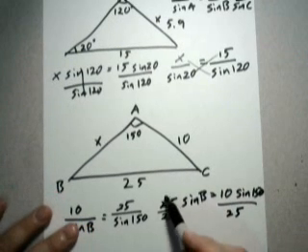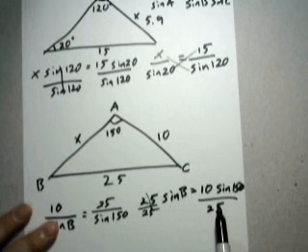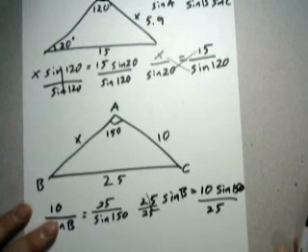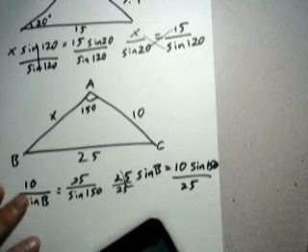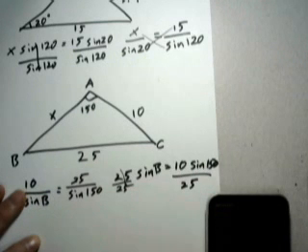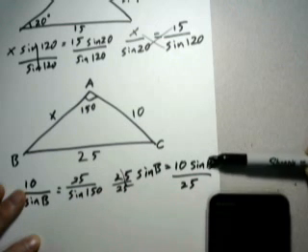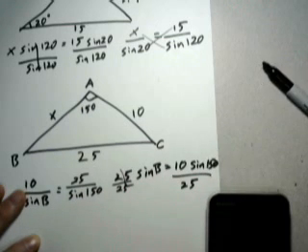And because I am looking for the angle and I have the ratio, I need to use the arc. So I will type in arc sine, and then the ratio is 10 times the sine of 150. I know it seems kind of strange using this kind of terminology in the fraction, but you can do that.